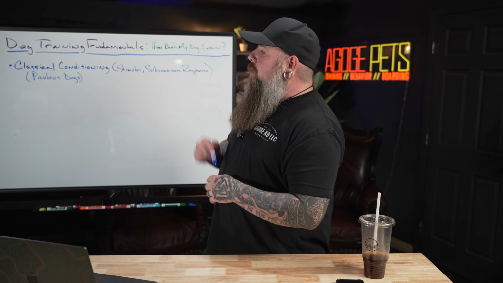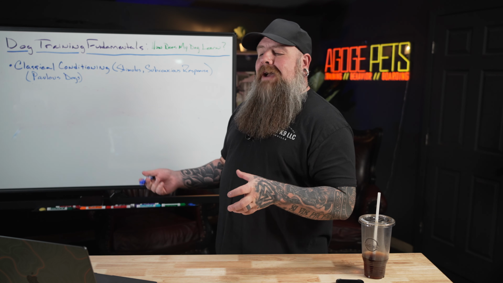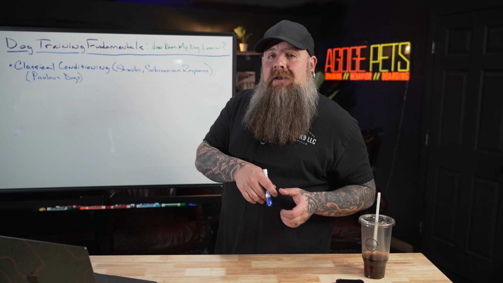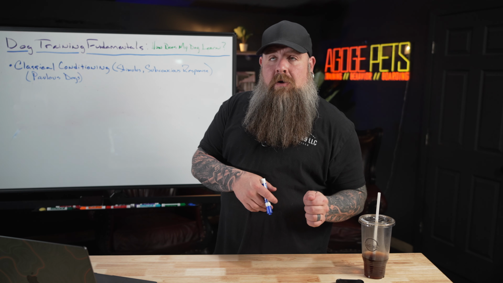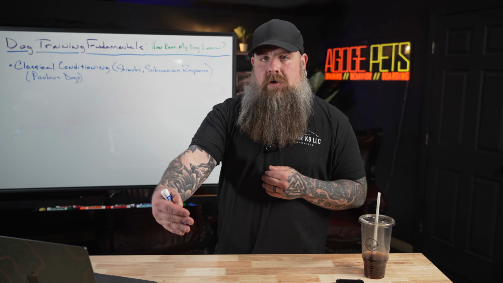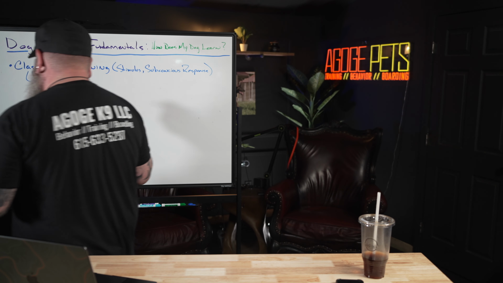Now, in order to get there, we have to teach the dog what behaviors we want, and we need to make behaviors that aren't inherently valuable to the dog, valuable to the dog. That is where operant conditioning comes in.